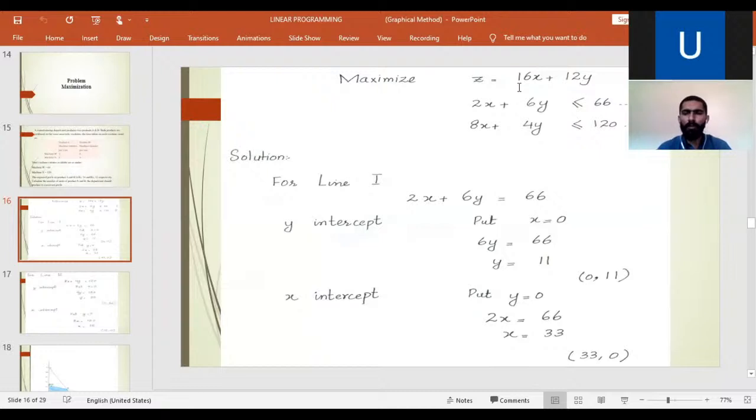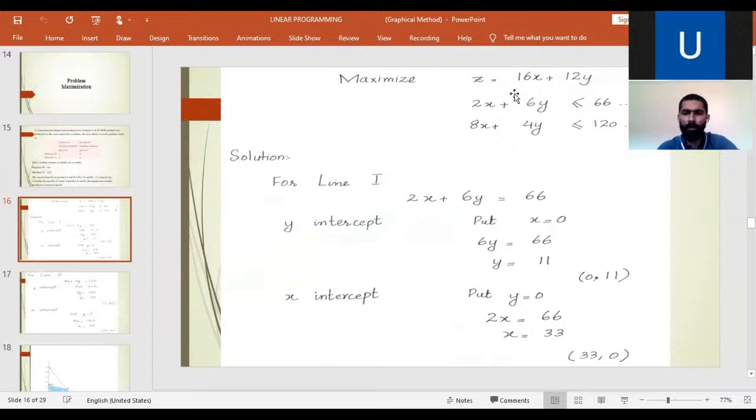Now we will solve for line 1 and also for line 2. We can also call these equation 1 and equation 2. For equation 1, first we will intercept y and put the value of x equal to 0 in order to calculate the value of y.